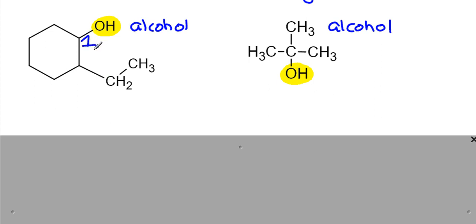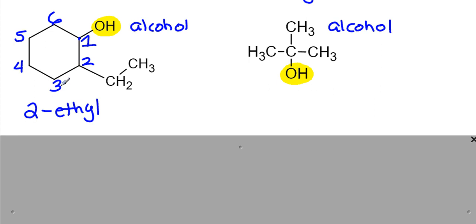So I'm going to number this carbon number 1, the one that's right here. And then I have to count around my ring structure, but I need to make sure my branch gets the next lowest number. So here I'm going to go 1, 2, 3, 4, 5, 6. I have a branch on number 2, so I'm going to start with that. Number 2, I have a 2-carbon branch, so this is ethyl.